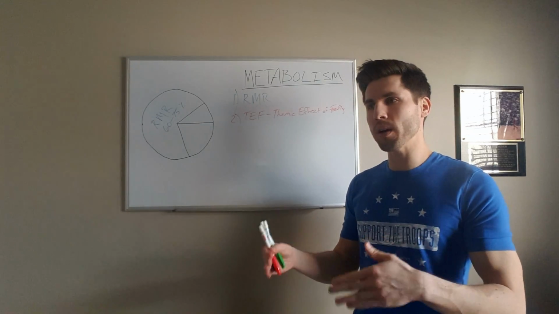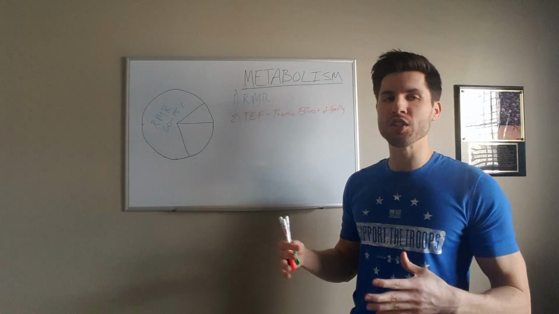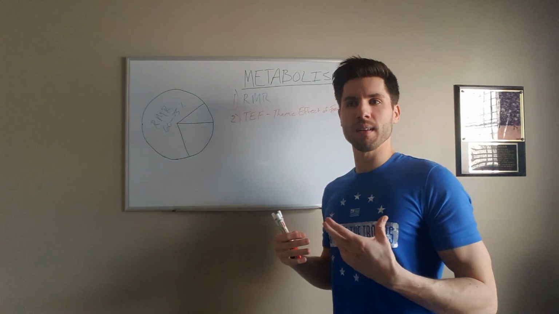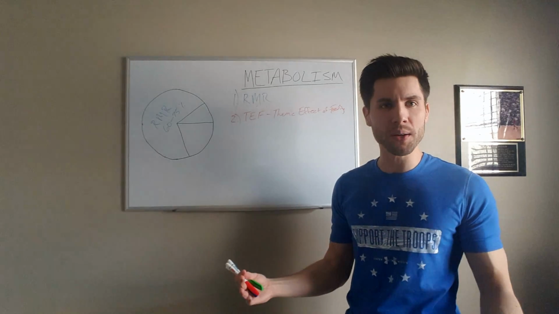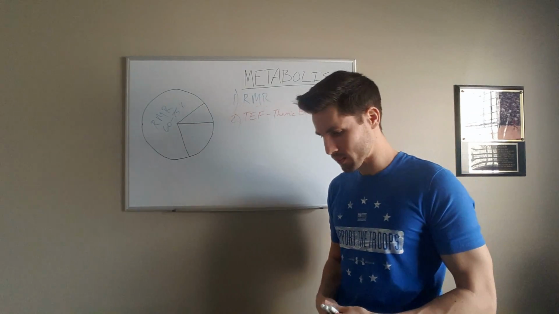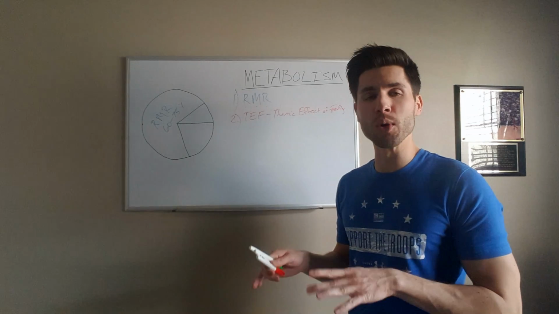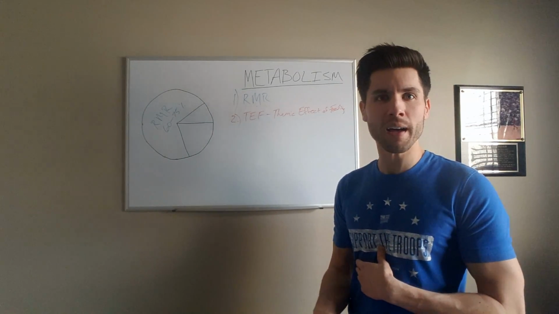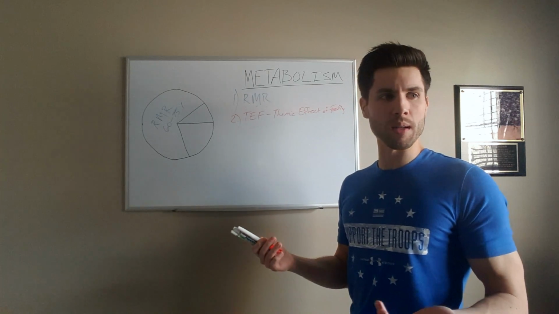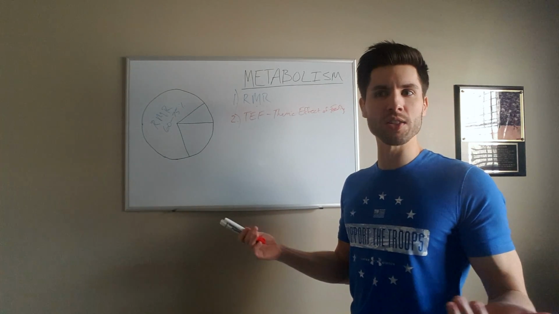It's going to take more energy to digest and absorb a whole food meal, such as a potato, than it will a candy bar. And it requires more energy for your body to break down protein than it does carbs and fat. So say you eat a piece of meat that contains 100 calories.